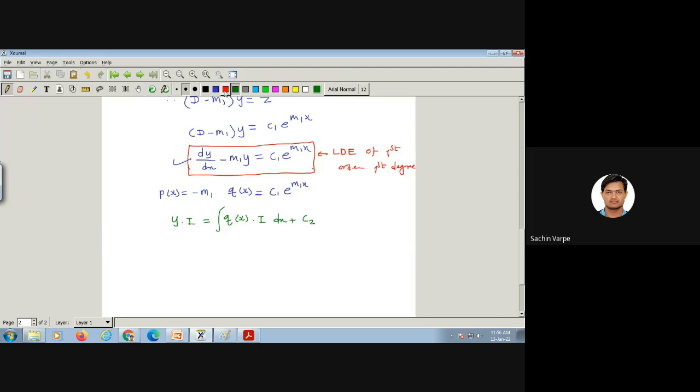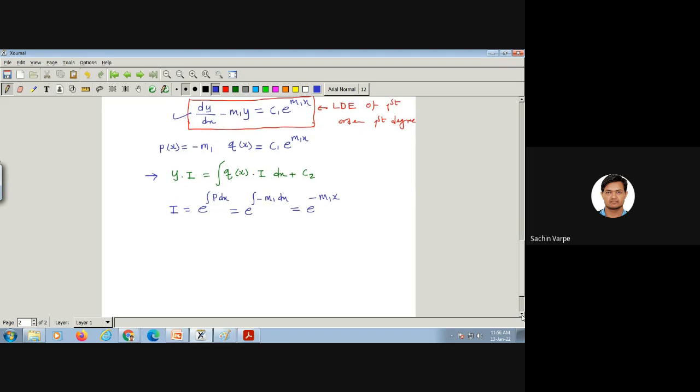So let us first calculate the integrating factor. क्या होगा इसका integrating factor? I is equal to e to the power integration of p dx, that is e to the power integration of minus m1 dx, so that is e to the power minus m1x. So when we substitute the value of I into this, what we will get?